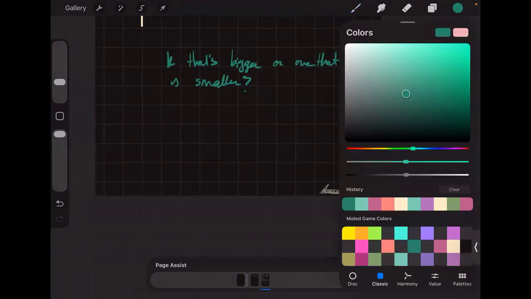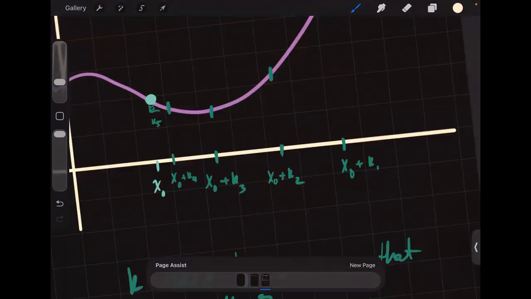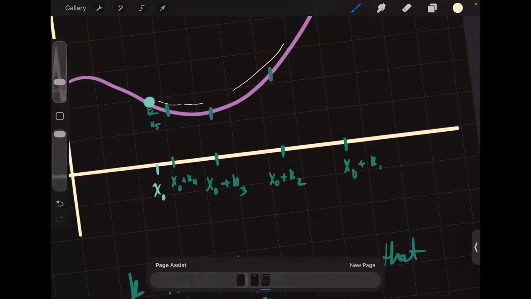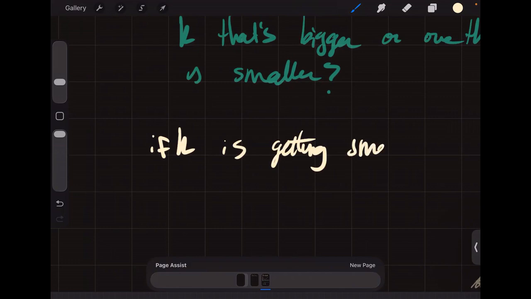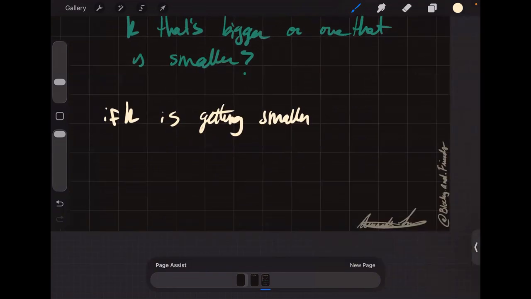Ultimately, I would hope you said smaller, because the closer you get, the more accurate your estimation is. And if k is getting smaller, what number is it heading towards?